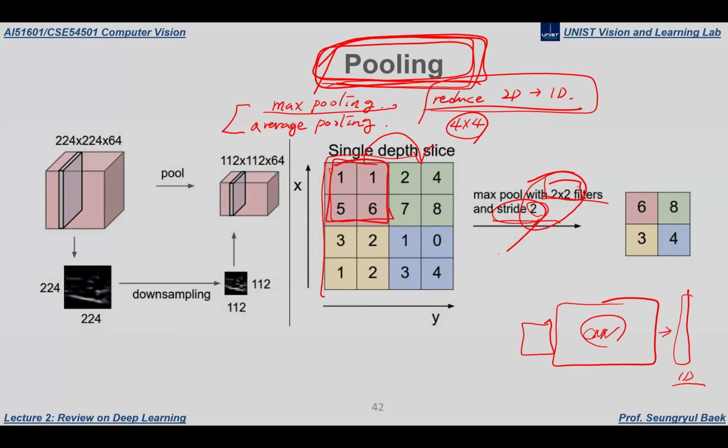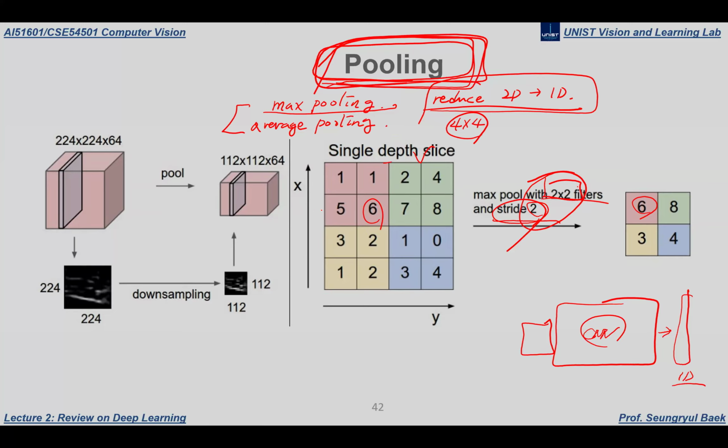Are you guys following that? Okay. And for each window, what they do is choose the 1 pixel that is maximum. So for example, here in this box, 6 is the maximum pixel, okay? So 6 is chosen.